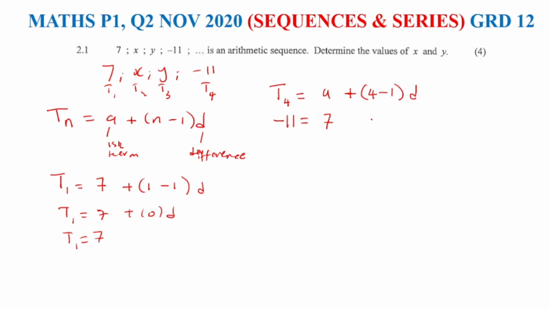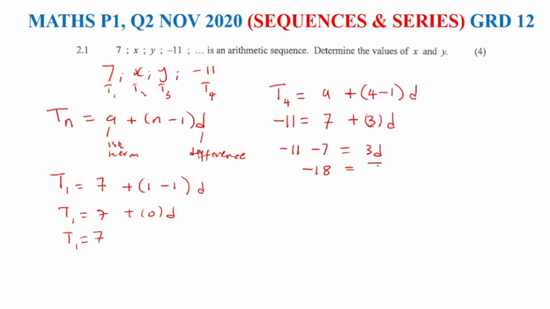T4 is minus 11 as given there by the sequence, plus 3d. We don't know what d is, so this is going to help us to calculate d. We take 7 across the equal sign, so it's minus 11 minus 7 equals 3d. This is going to give you minus 18.